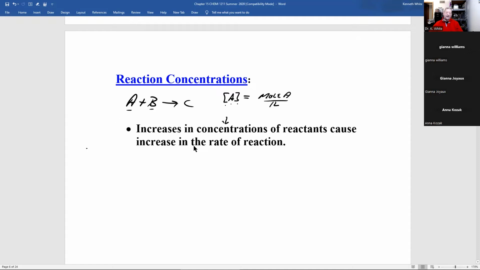And the higher A is, the higher the concentration, the more there is. So we'll talk more about this later. But what will affect the rate of reaction? That is the reaction concentrations. If you put in more of the reactants, the starting materials, that mostly will make it go faster. Not always.